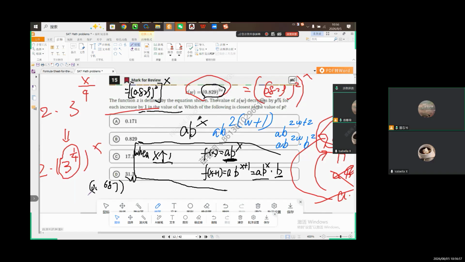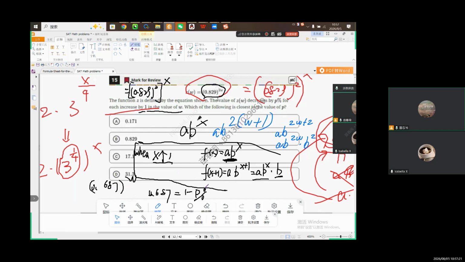So now what does that mean? Which means you multiply a by 0.687, right? But when you multiply by that, remember, this is a decrease, right? So which means that's 1 minus p, or p%.